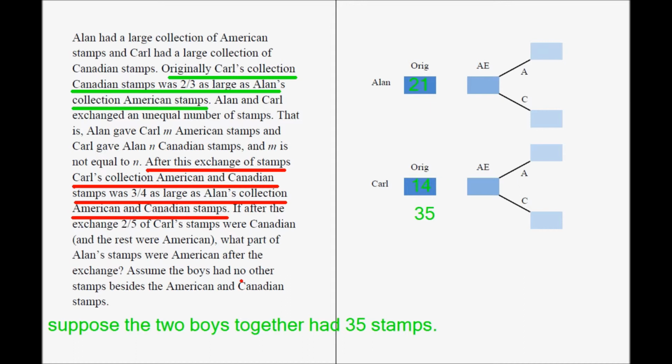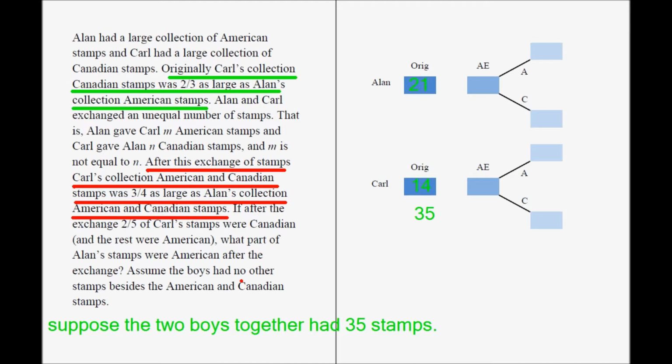So I'm going to take 3 and 4, add them up, that's going to give me 7. That simply tells me that if the original collection was divided into 7 equal parts, Carl had 3 of those parts and Alan had 4 of those parts.